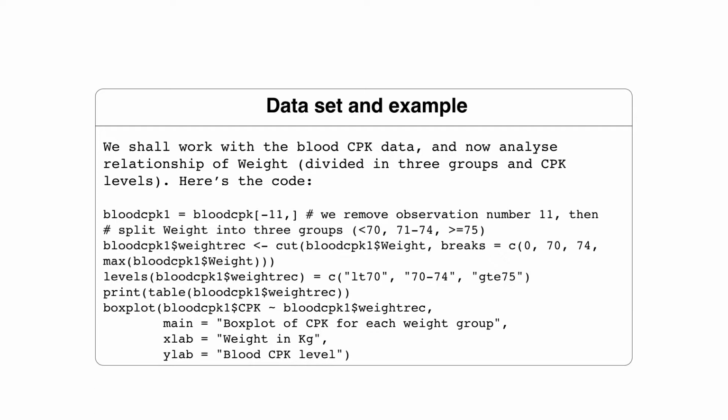So the blood CPK data frame is now cut. Obviously, when you cut something, you insert some breaks in it. You take a continuous variable and artificially discontinue it into a categorical variable. So you have to put the breaks.